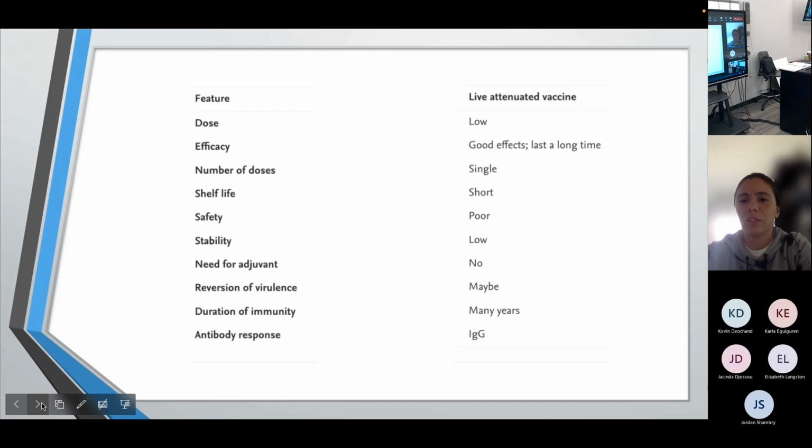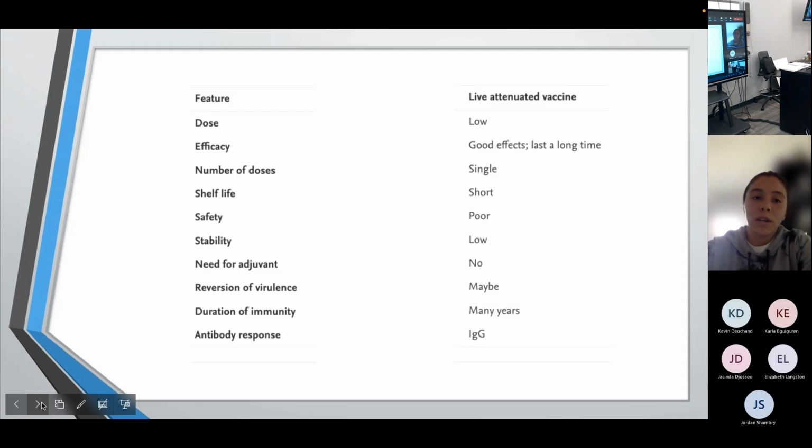This next diagram breaks down live attenuated vaccines through different features. The first one says dose: it's a low dose, and the efficacy is good and long lasting. It has a good immune response, both cellular and antibody, and often provides lifelong immunity. Number of doses: single.